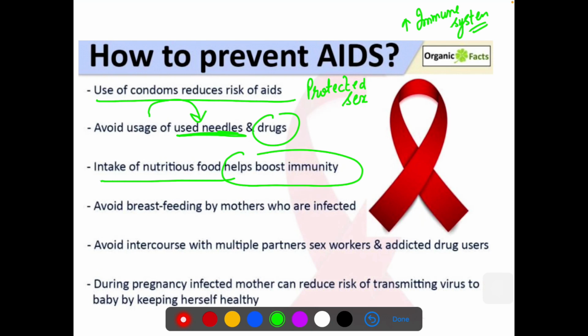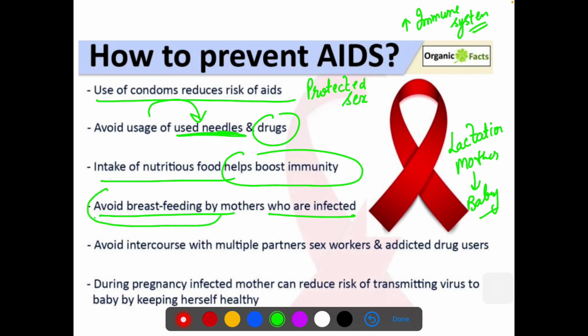If a mother is infected, she should avoid breastfeeding. She should not feed the baby, because it is also transmitted through the lactation period from the mother who is feeding the baby. So an infected mother has to avoid breastfeeding. Avoid intercourse with multiple partners, sex workers, and addicted drug users, because you never know who is infected.